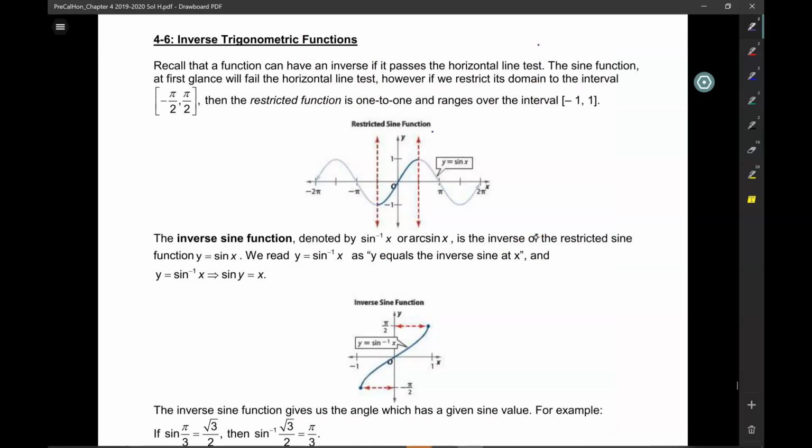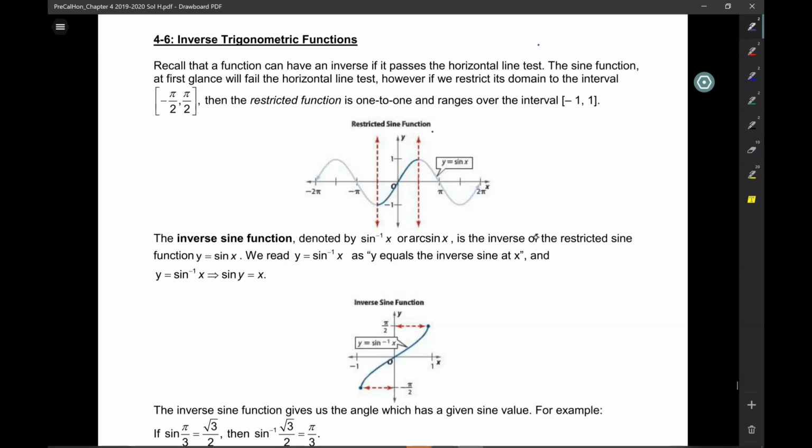So, we're going to take that idea and bring it into trig, with sine and cosine. If you look at a graph of the sine function, clearly it does not pass the horizontal line test. So what does that mean? Are we just going to say, okay, so much for the inverse function for sine, let's give up? No, of course not. What we're going to do instead is take only a segment of this graph so that it does pass the horizontal line test.